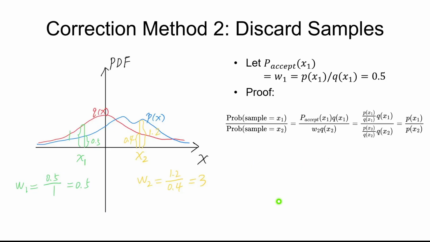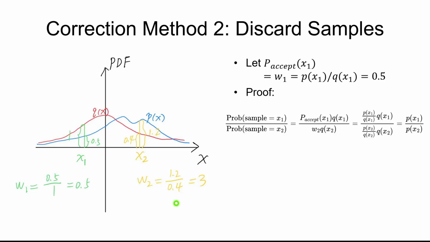The second way we can do the correction is to discard some samples. We don't want to keep all samples from Q of x. For example, we can define the probability to accept the sample as the weight P of x divided by Q of x. In the previous case, for x1 the weight is 0.5, so we keep the sample with probability 0.5, which means we discard the sample half of the time.